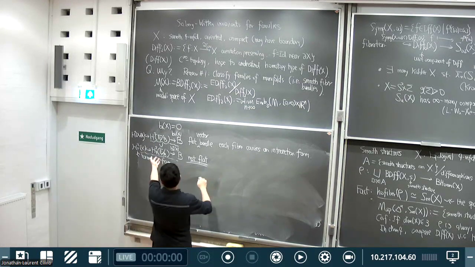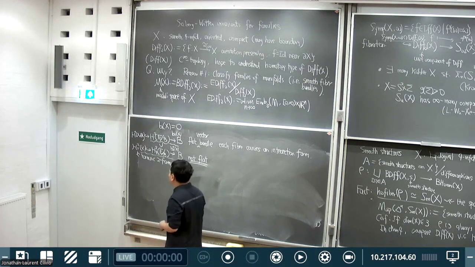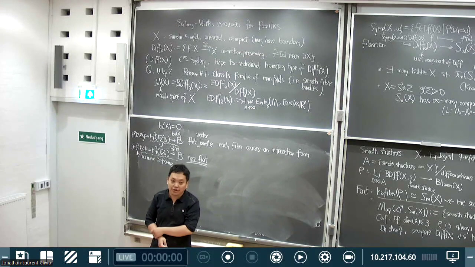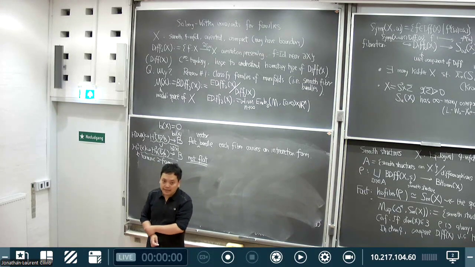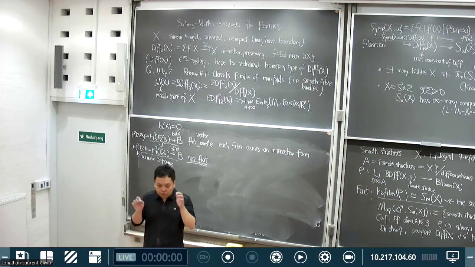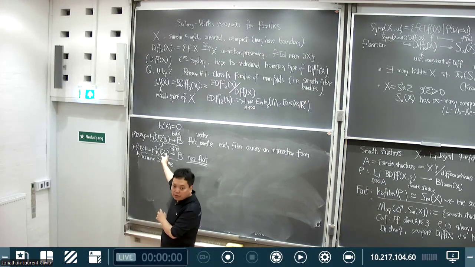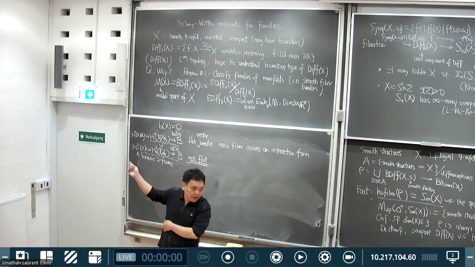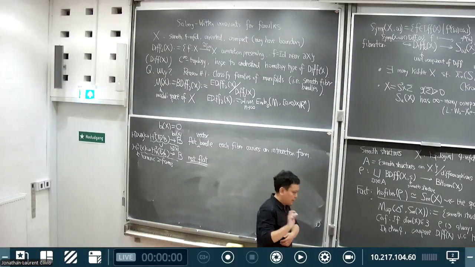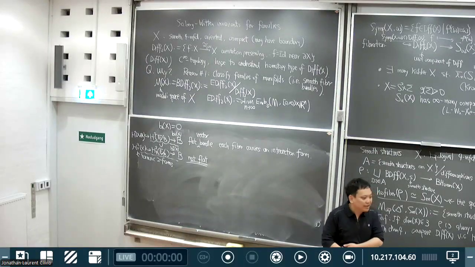I just want to say that this H plus bundle depends on the choice of metric, because you need to use the Hodge star operator to define H plus. But given any two choices of metrics, these bundles are isomorphic, and the isomorphism is canonical up to homotopy.